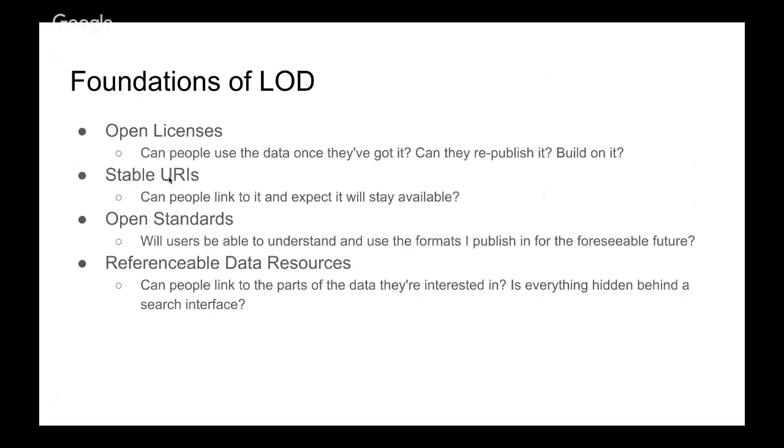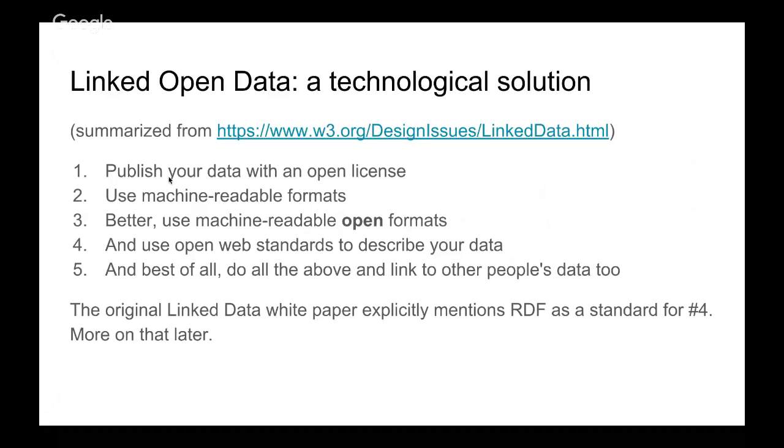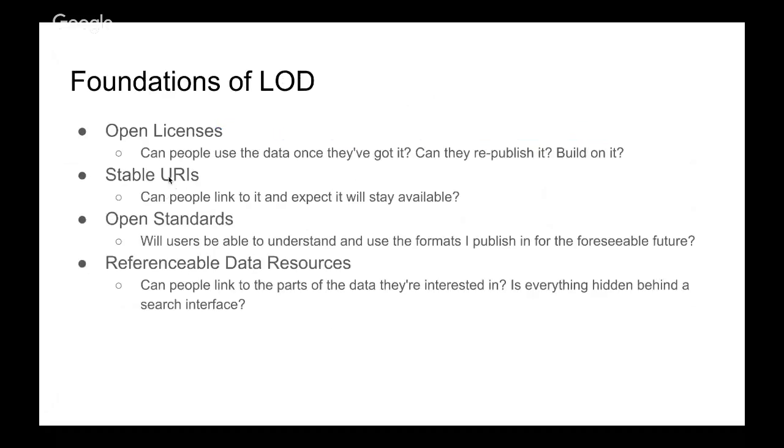So if we're going to do these 5 things, right? Publishing with an open license, machine-readable formats, open web standards, and linking to other people's data, there are various foundations to that process, that workflow that we have to think about first. So the things that have to be in place are, for example, open licenses, right?